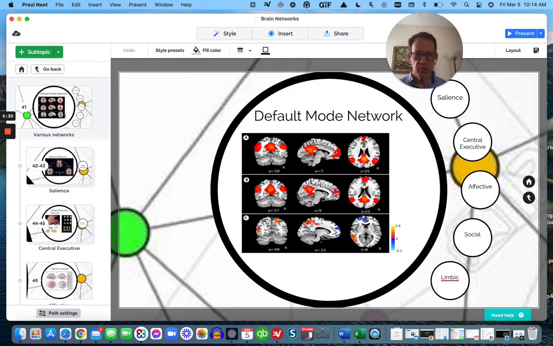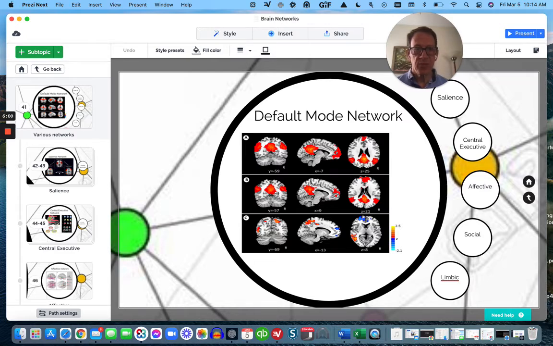The most well-known network is the default mode network, again, connecting parietal to prefrontal regions of the brain. The main role of the default mode network, this is the network most active when we're at rest. When an EEG or an fMRI is recorded and someone is not doing anything, they're just sitting still and not engaged in an activity, that's when the default mode network comes on.